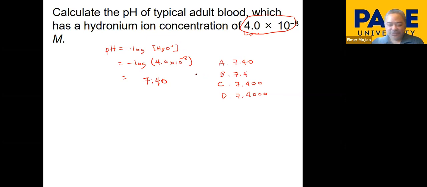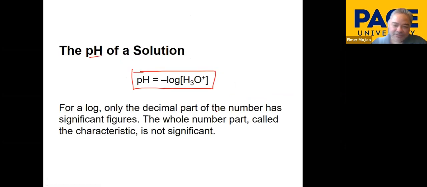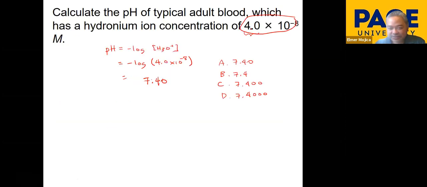Okay. So, in the previous slide, it says there, the whole number part called the characteristic is not significant. For a log, only the decimal part of the number has significant figures. So what does it mean? You have two significant figures here. So your final answer should have 2 decimal places because that's the only one that is significant.